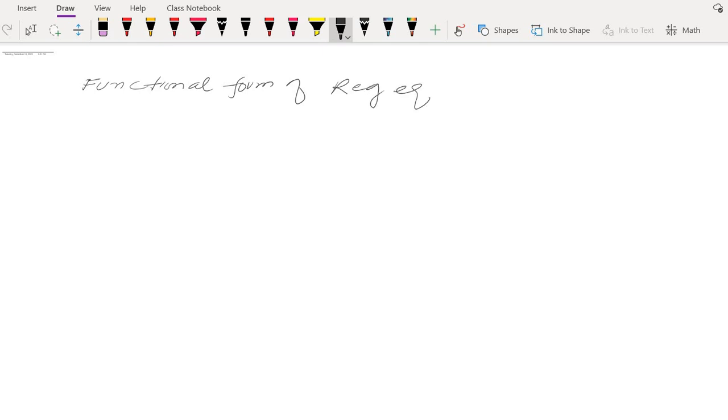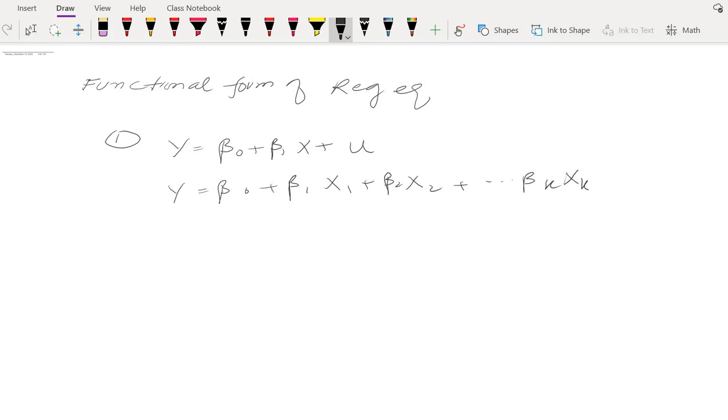Right now we have discussed only one, which is y equals beta naught plus beta 1 x plus u. And if it is a multiple regression, then we can have beta naught plus beta 1 x1 plus beta 2 x2 plus so on, beta k xk plus u.